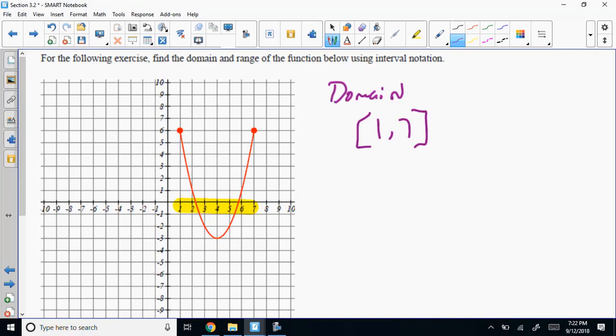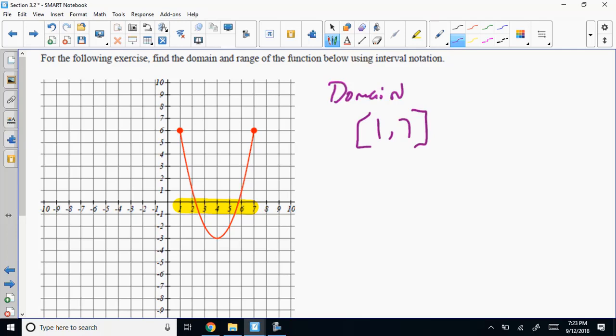Now, I'm going to tell you 2 questions that you can ask yourself when it comes to finding the domain. That if you'll ask yourself this, you'll be okay. And the question is, how far to the left does it go? That's the first question. Because the domain in interval notation, it's always written smallest comma largest, always. So it's never largest, smallest. It's smallest comma largest.